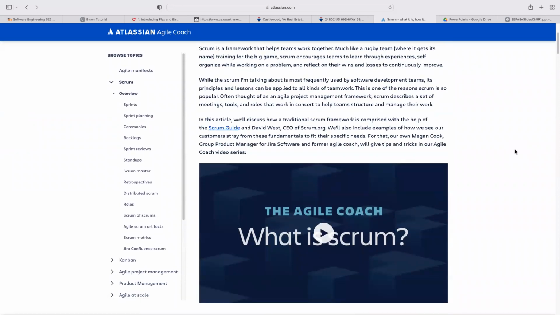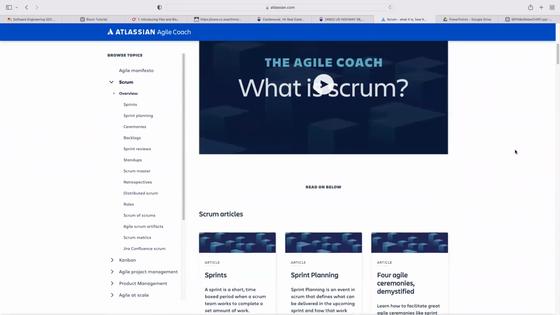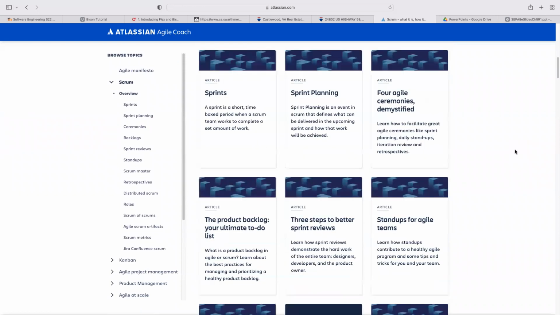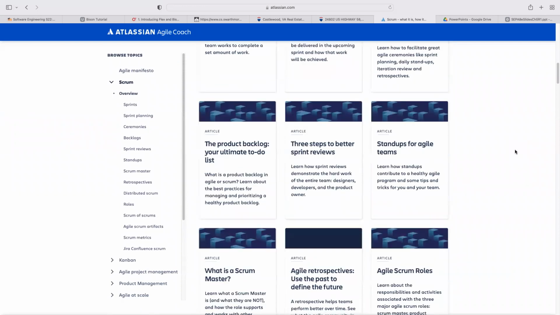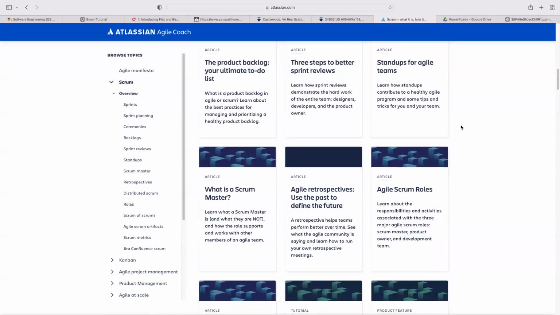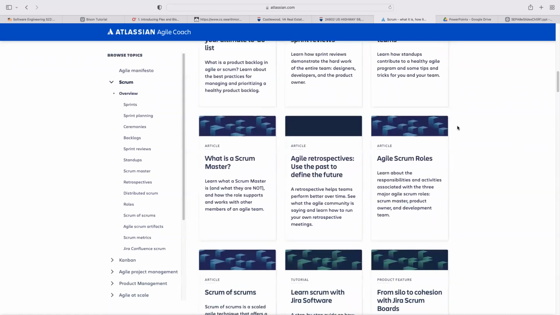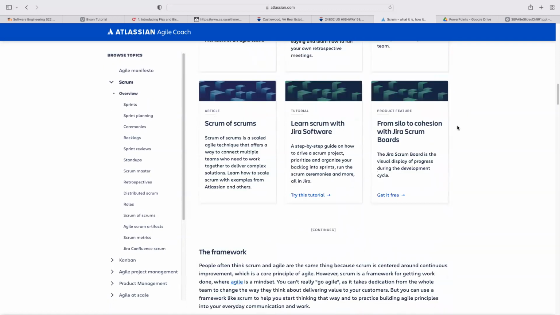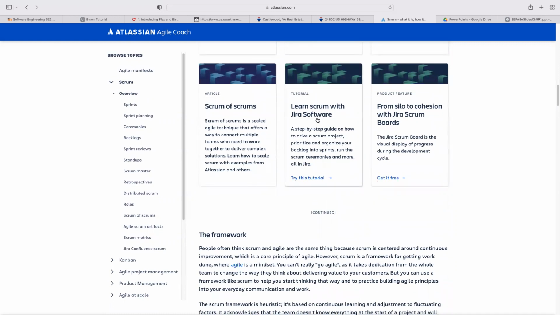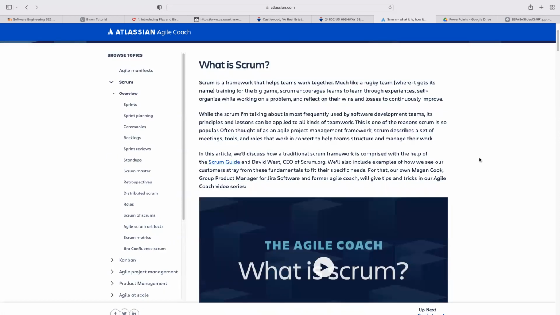They're all pretty short, like 5 to 7 minutes, and explain different parts of the Scrum process. In addition, there are lots of articles here, on the stand-ups, the daily meetings, and what the different roles are. And when we get to our software, the Jira software that we're actually going to use, there are some ways to do that. So lots of stuff there.